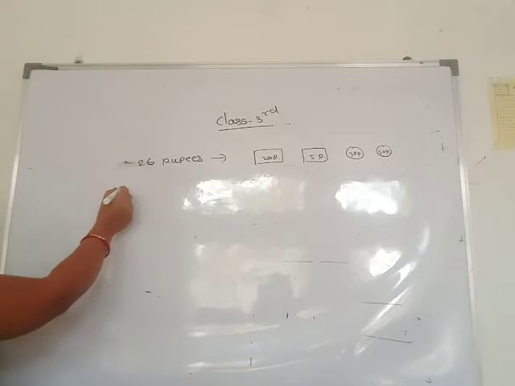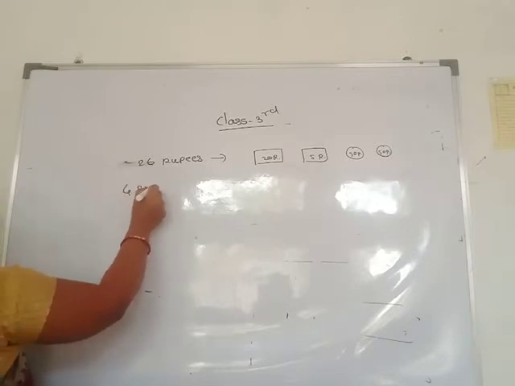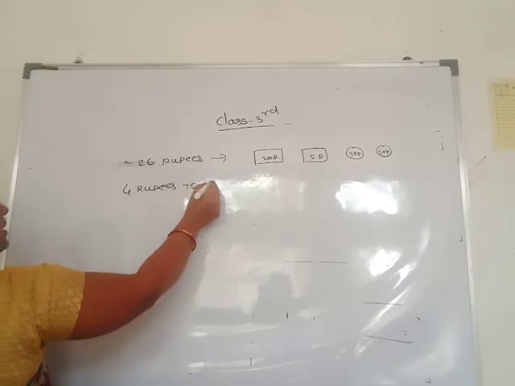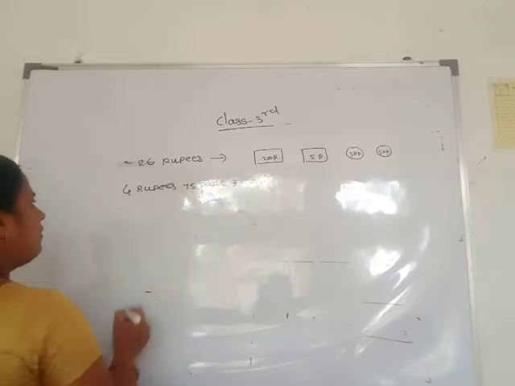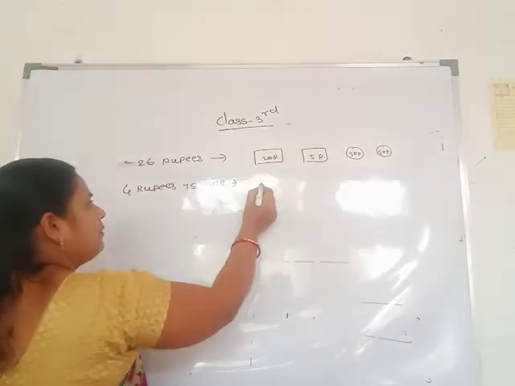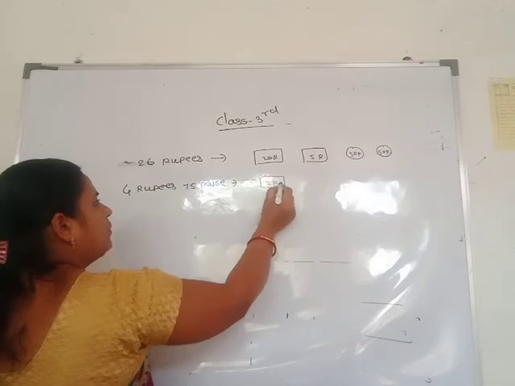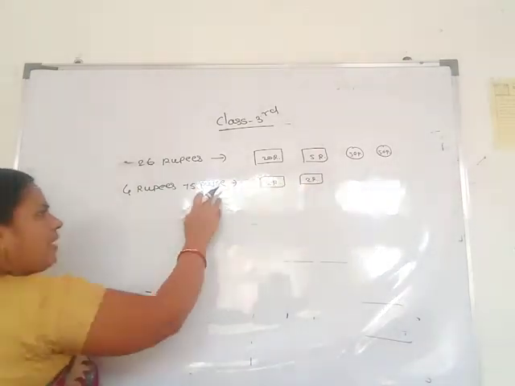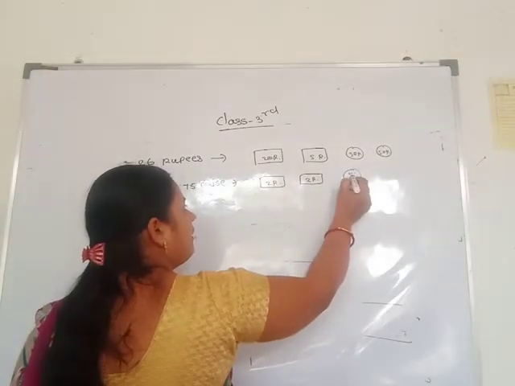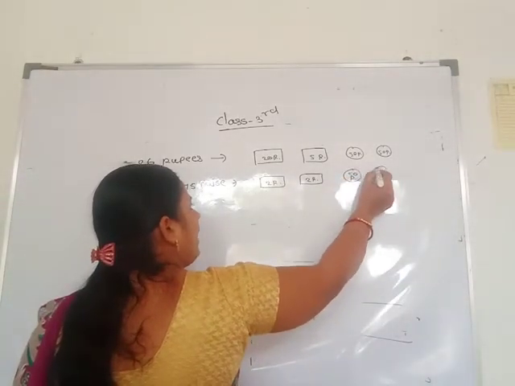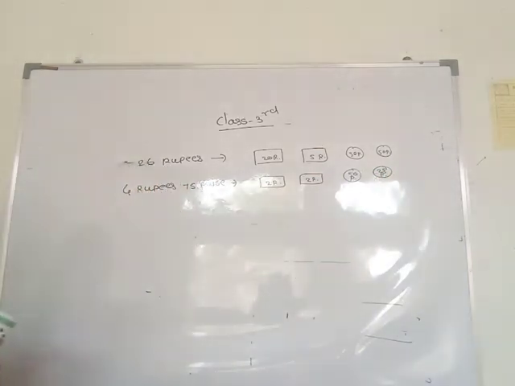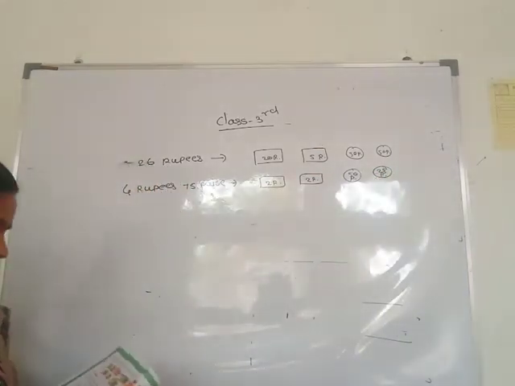Then 4 rupees 75 paise. For 4 rupees you take a 2 rupees note, then 75 paise means you take one 50 paise coin and one 25 paise coin. 50 paise and 25 paise means 75 paise.